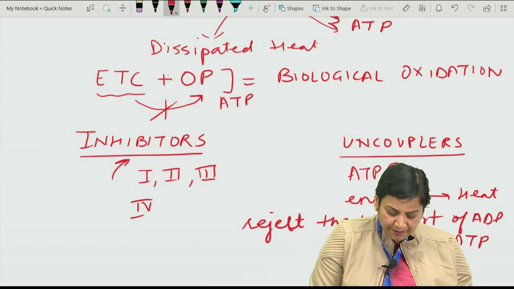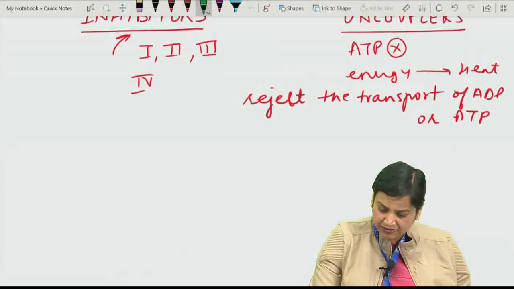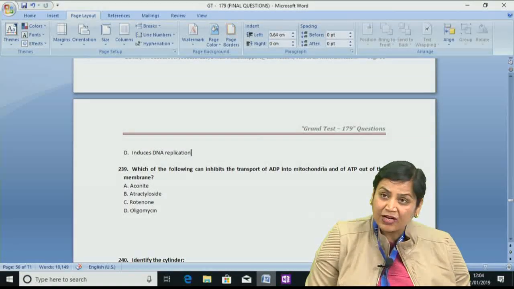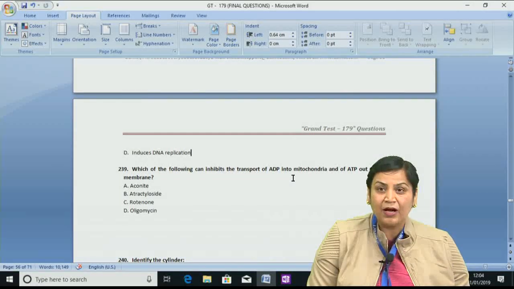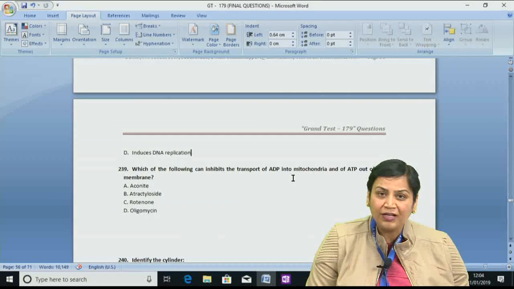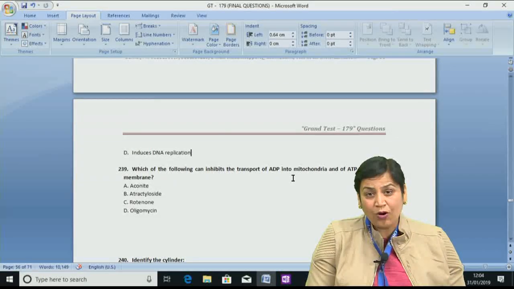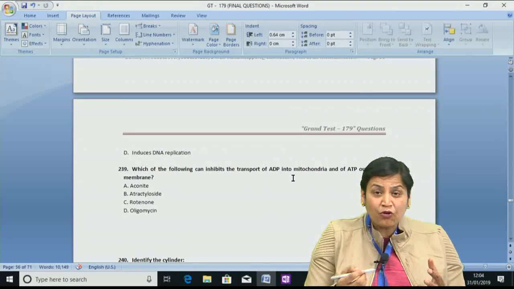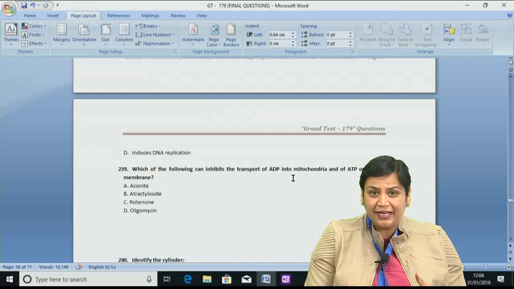Let's see the question. Which of the following can inhibit the transport of ADP into mitochondria and of ATP out of the membrane? They are basically not allowing ATP to form, they are inhibiting the transport of ADP and ATP.